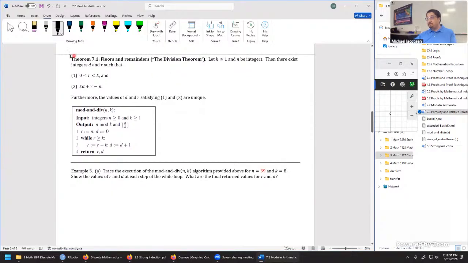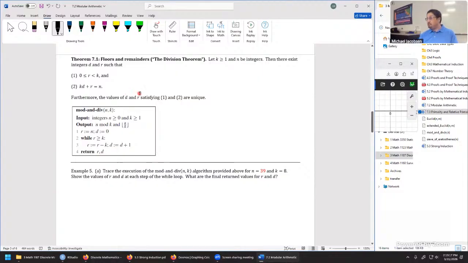All it's doing is taking the division theorem and implementing it as pseudocode. So it's called mod and div because we're getting two values altogether. If we take mod and div of n and k, we output n mod k and the floor of n divided by k, and return the two values r and d that are the same values, d and r, in the division theorem.